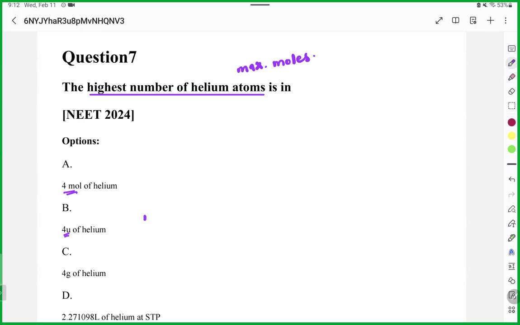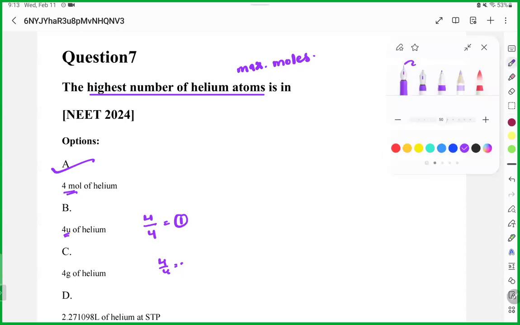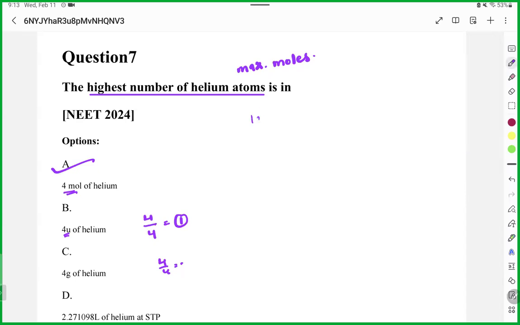Second case, 4 gram of helium divided by molar mass 4 will be 1 mole. Answer A. Any doubt? You have to calculate moles. The more the number of moles, the more the number of atoms. For example, 1 mole contains 6 into 10 raised to power 23, 4 mole will have 24 more.